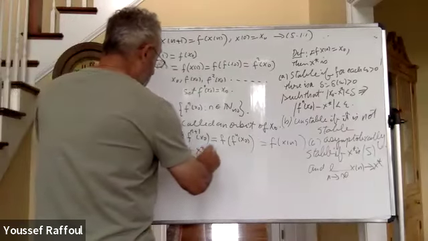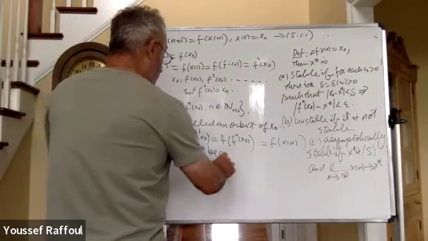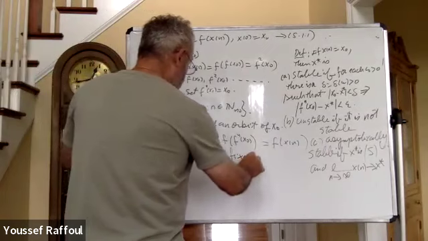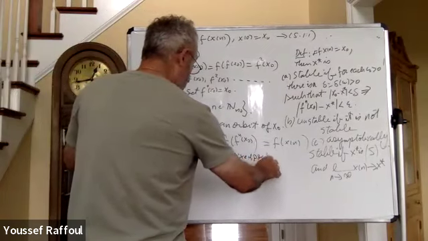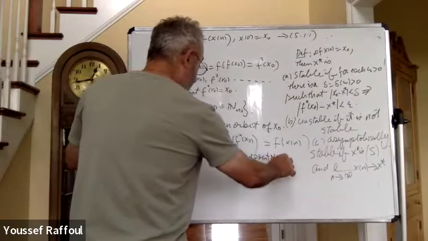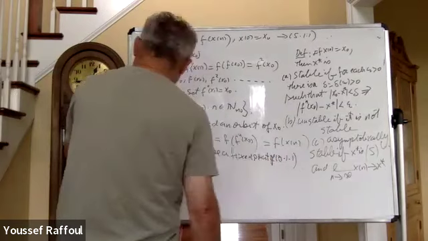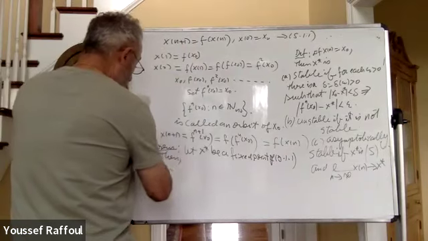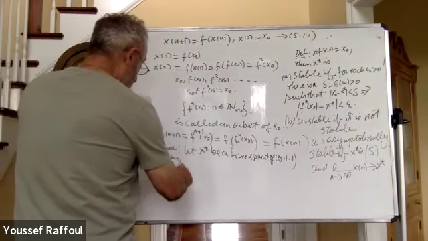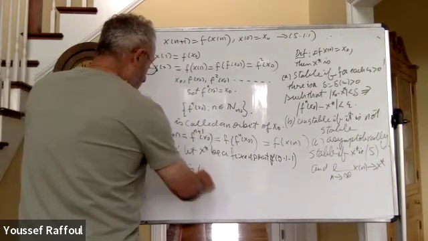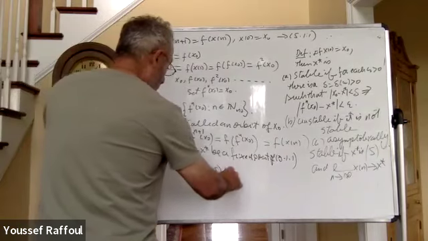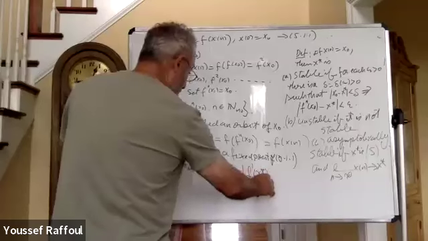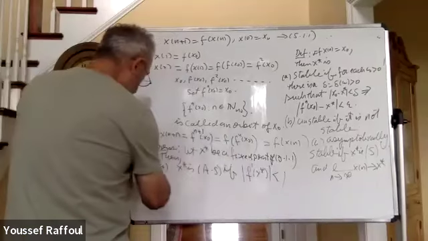Let x* be a fixed point of 5.1.1, then A, x* is asymptotically stable if |f'(x*)| is less than 1.